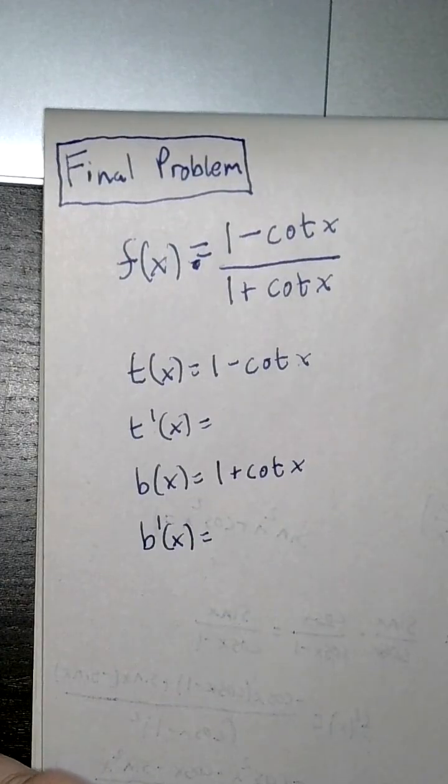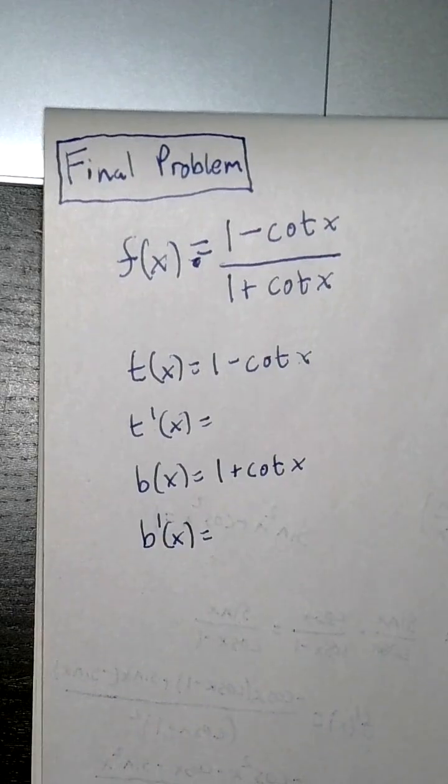So, what is the derivative of cotangent?